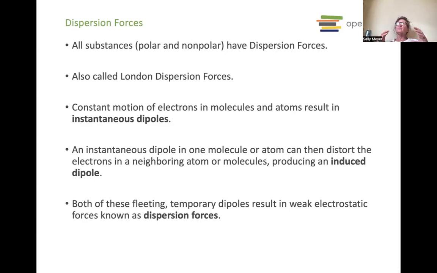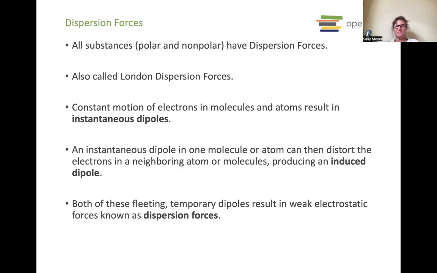So remember when we talked about quantum, and when we talked about molecular orbitals, if you have a probability in a molecule of where you're going to find the electrons, you can find it in that whole region. And so at any instant, you might find it on the right-hand side, the left-hand side. So you'll essentially have a slightly negative or positive side to that molecule just based on that probability distribution.